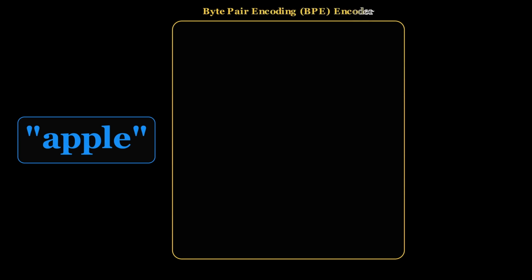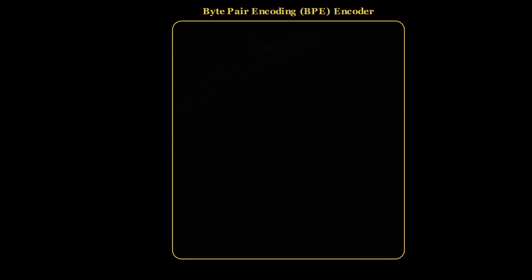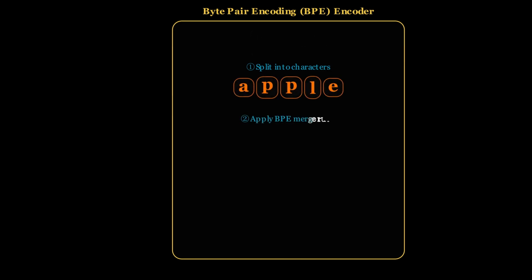Let's zoom in on a single word, apple. This word is sent into the byte pair encoder, where it is first broken down into smaller pieces, individual characters, A, P, P, L, E. Now comes the interesting part. The encoder starts merging these characters step by step based on patterns it has learned from large data sets.